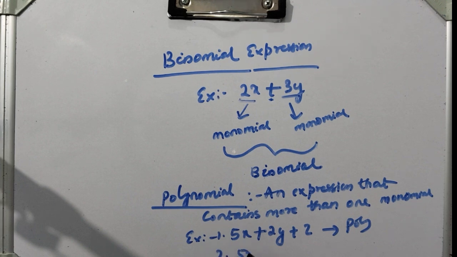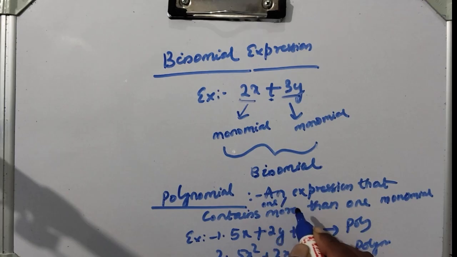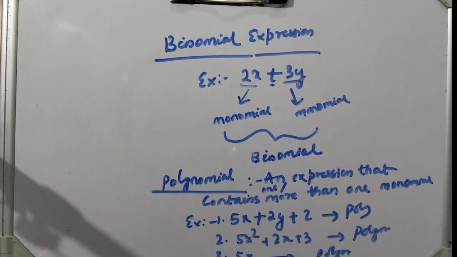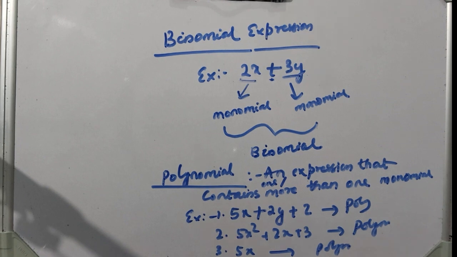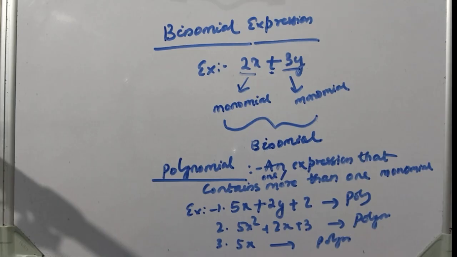Number 2, 5x square plus 2x plus 3. Is it a polynomial? Yes, it is a polynomial. Okay, 5x, is it a polynomial? Yes, it is also a polynomial, because it contains one or more monomials. Okay, so 5x is also a polynomial.